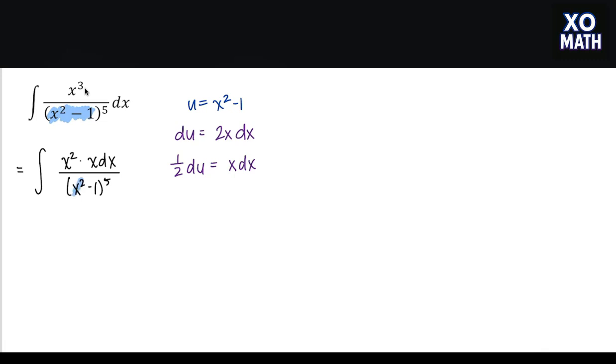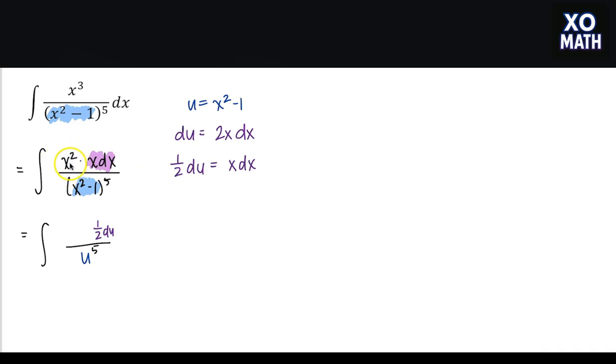So we're going to be able to rewrite x squared minus 1 as u. So my denominator will become u to the 5th. We will be able to rewrite x dx as 1/2 du.